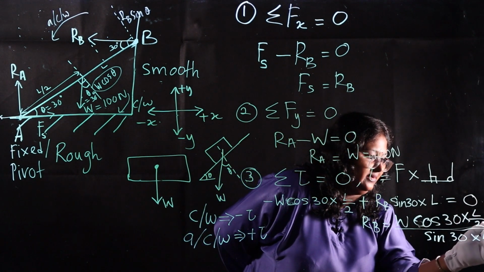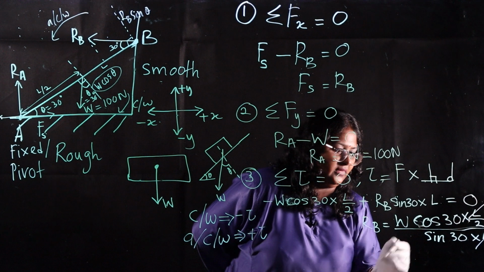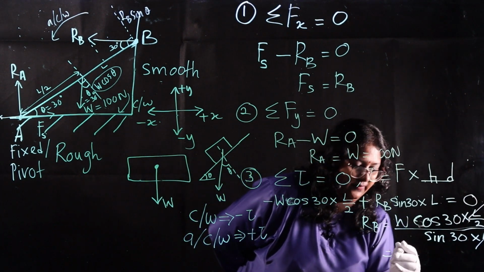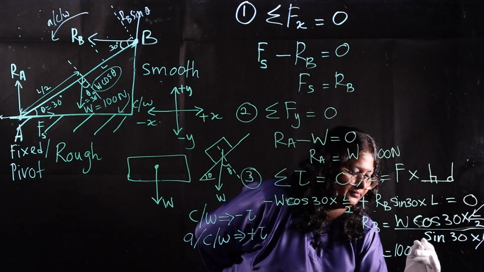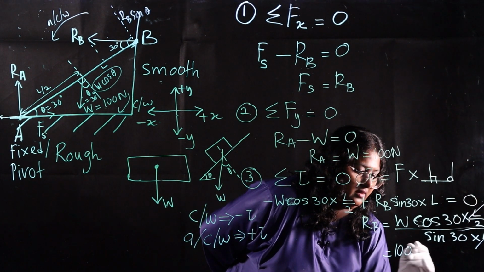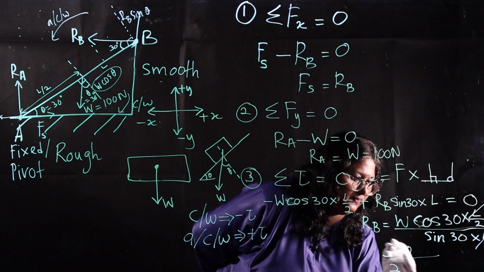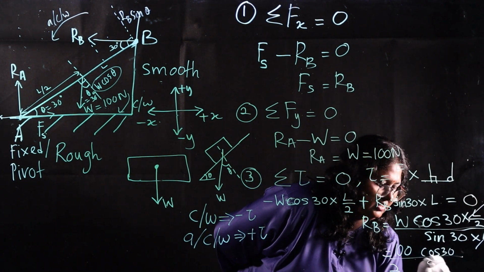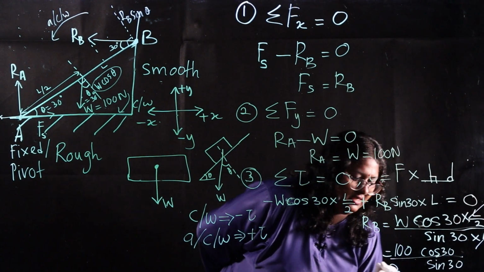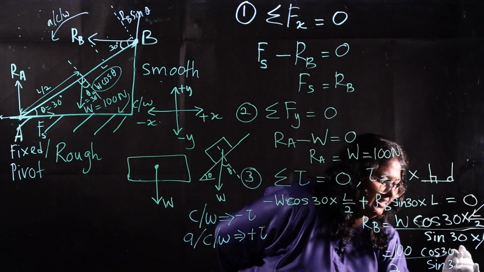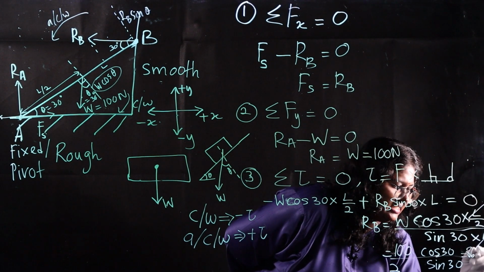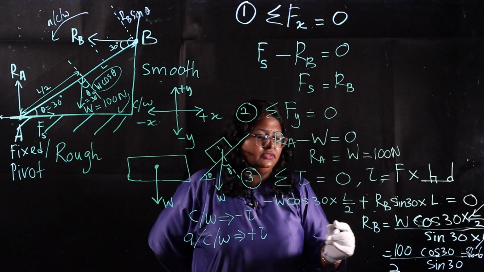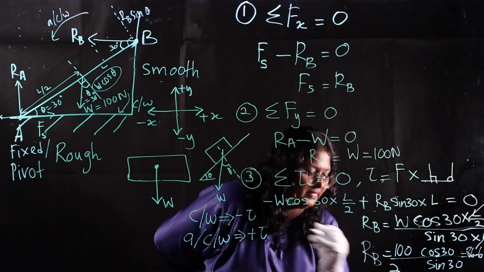So I can cancel L here. Cos over sin can be cotangent. So 100 times cos 30 over sin 30 over 2. You can press the calculator, and you will get around 86.60 Newton. So now we get the value of Rb.